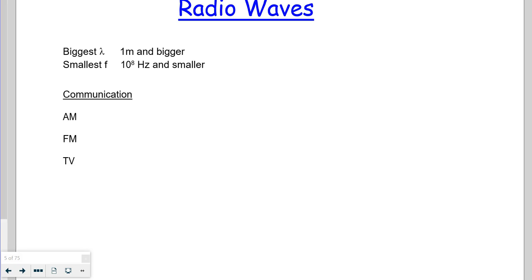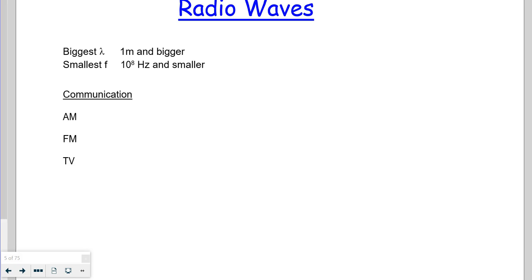Well, in radio stations, they can encode information into a form of light waves. Radio waves are actually a form of light. They're not a form of sound. They travel at the speed of light, but they carry information, and it can either be encoded by modulating or changing the amplitude, AM, or by modulating or changing the frequency, which is FM.